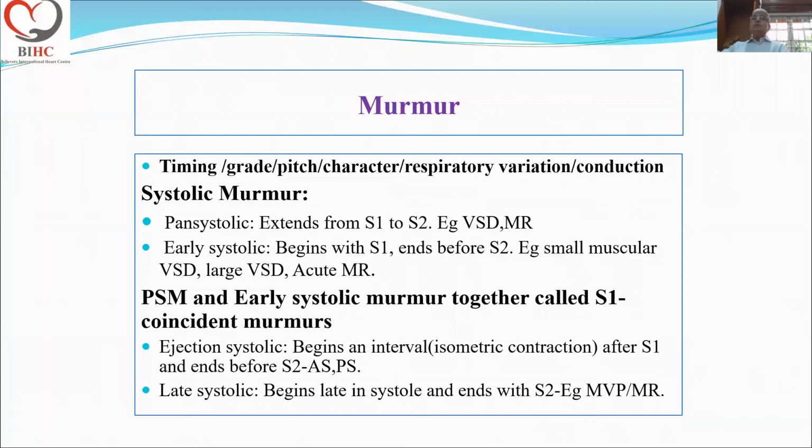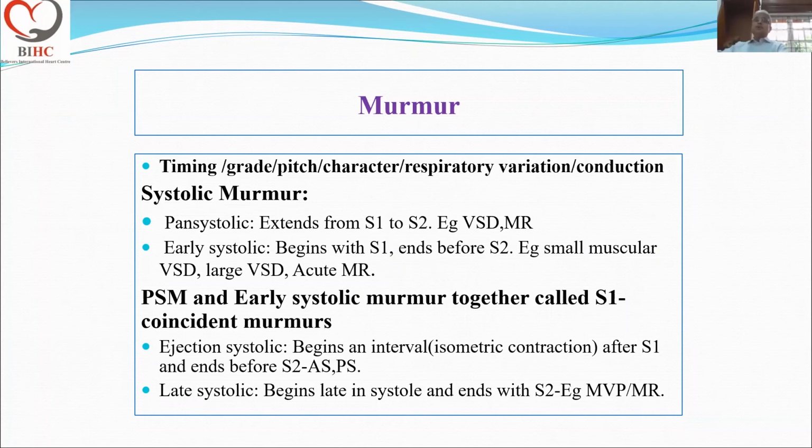A systolic murmur is considered pansystolic if it extends from S1 to S2. A typical example is a small or moderate sized VSD or mitral regurgitation. You consider it early systolic when it begins with S1 and ends before S2, like a small muscular VSD where the contracting muscle cuts off the VSD flow in the later part of systole.